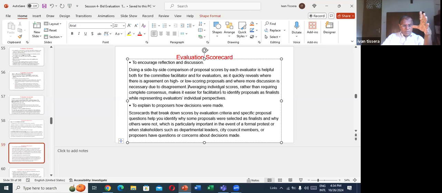If we can't come to a consensus, 8 plus 4 is 12, divided by 2 is 6, for example.